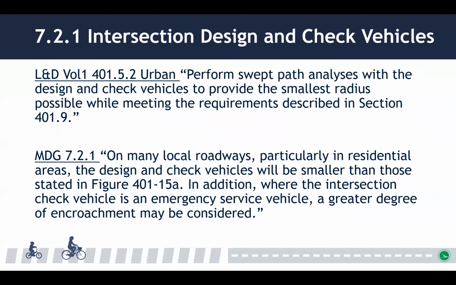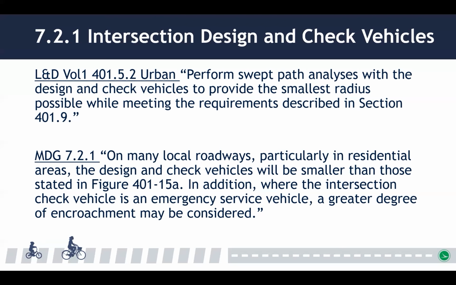For roadways where the most common vehicle is a passenger car, delivery vehicle, or single unit truck, designing intersections to easily accommodate larger vehicles with large turning radii can negatively affect crossing distances, exposure to conflicts, speed of common turning vehicles, and can impact right-of-way or be inconsistent with the surrounding land use context.